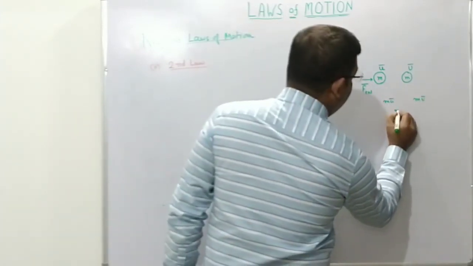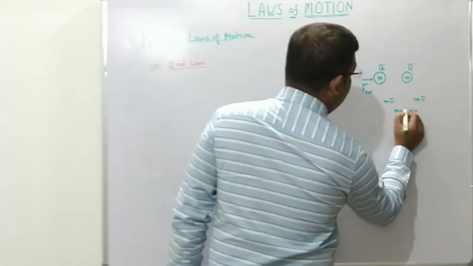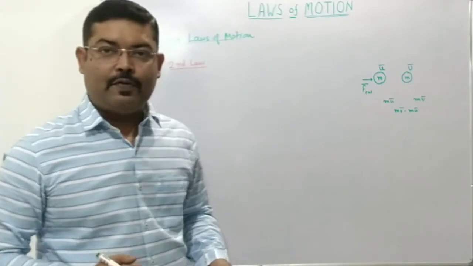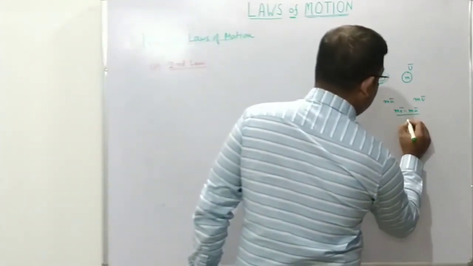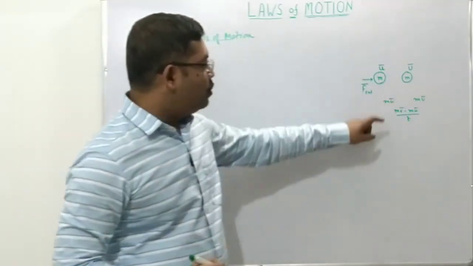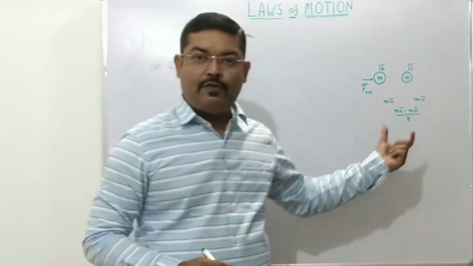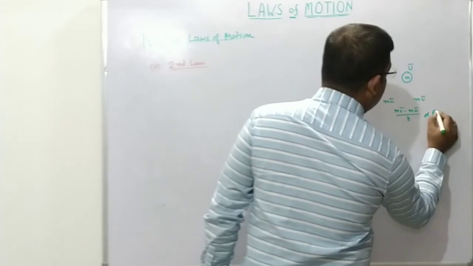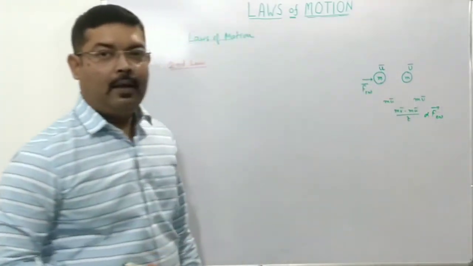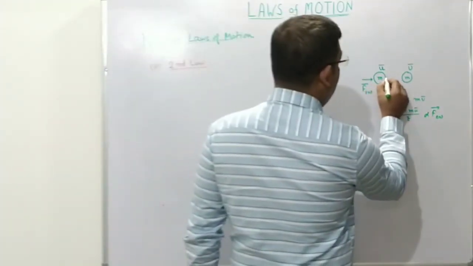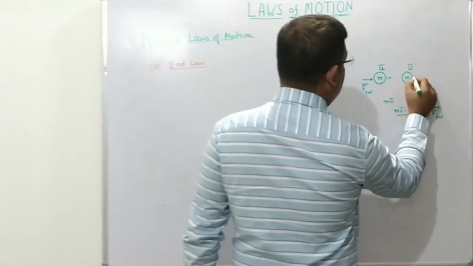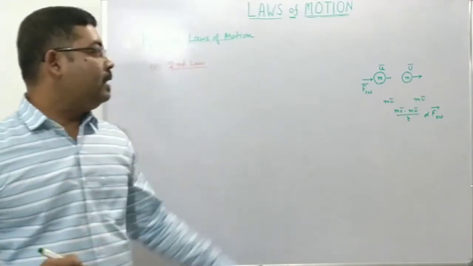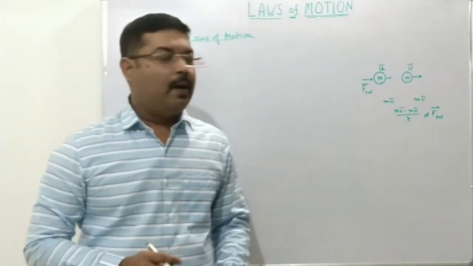So mv minus mu has taken place over a certain amount of time, which will be t. So (mv minus mu) by t, that is the rate of change of momentum, is proportional to F external. And also, the velocity of the object was in this direction, say, and after applying the force, the change of velocity is also taking place in the direction of the applied force.